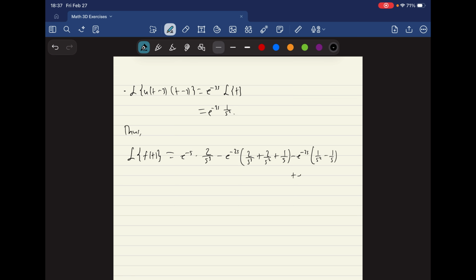Then finally, plus e to the negative 3s times 1 over s squared.